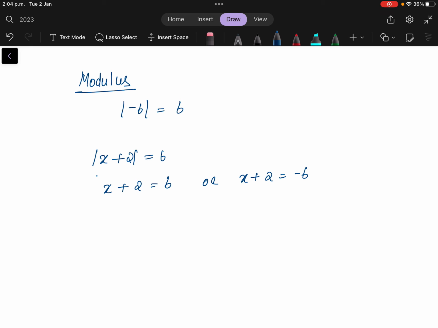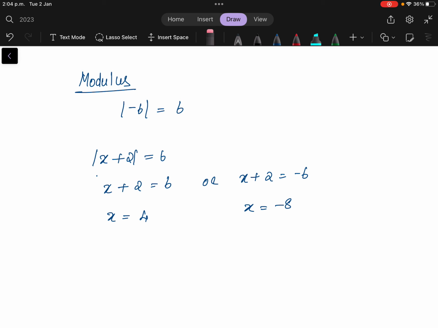Because it's a modulus, you need to write for both the values. So x is equal to 4 or x is equal to minus 8. These are the values, and that is how we find them.